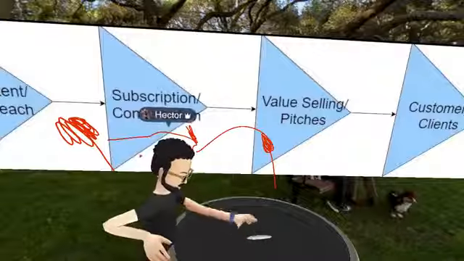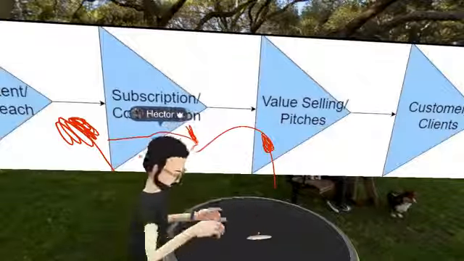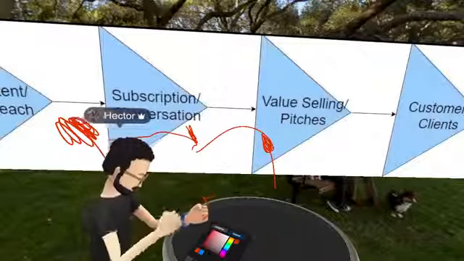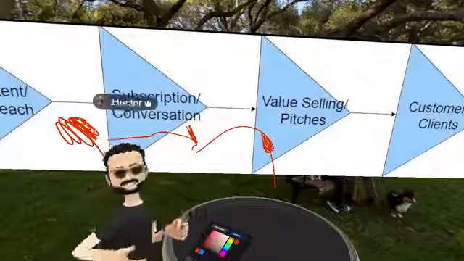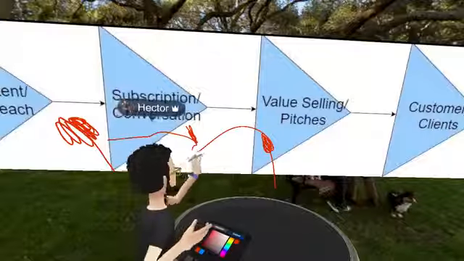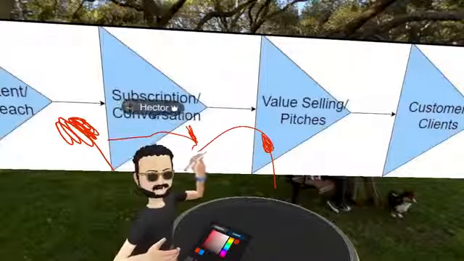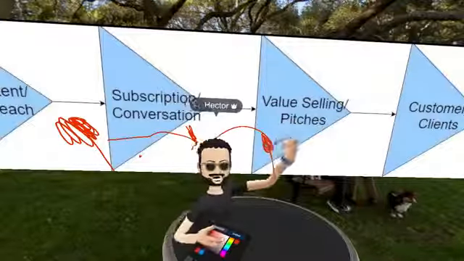So remember your goal here. Let me pick this up. I'm left-handed though. Here we go. My goal here is to show them that I can provide what they need so that they'll allow me to actually pitch them.